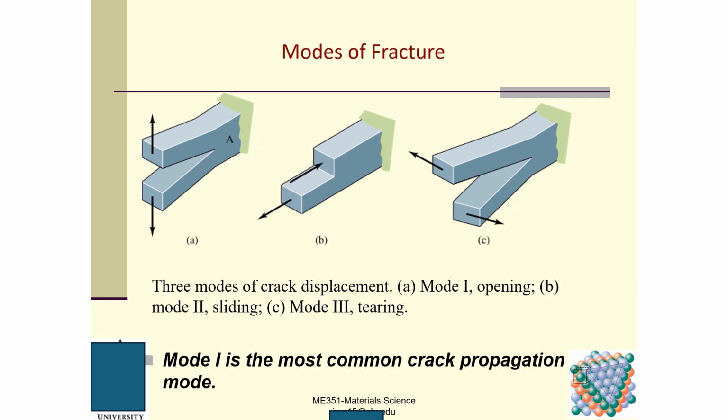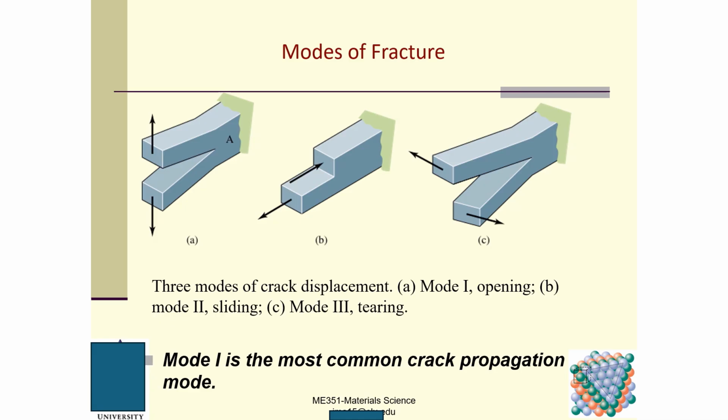So this one is for mode one opening, and we can imagine the manufacturing processes when you use a tool to cut some material to get the final products. This is mode one opening.